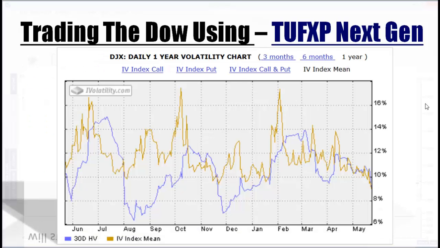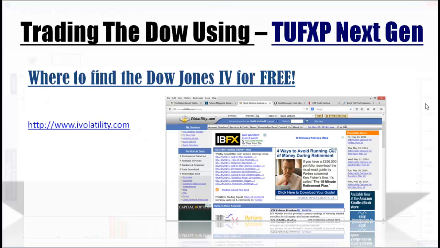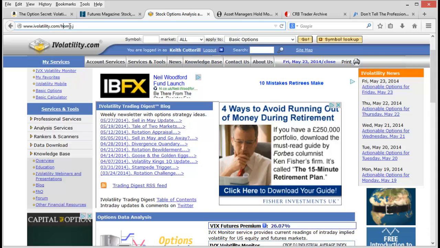So where do you get the implied volatility from? Well, believe it or not, the website is ivolatility.com. So let me just go to this website for you, ivolatility.com. When you first come to this site, you will have to register, and you do that. I'm automatically logged in, but you'll see a register for the site here.